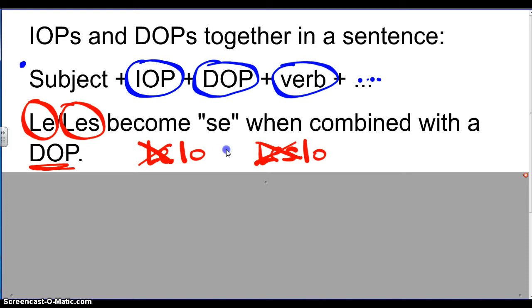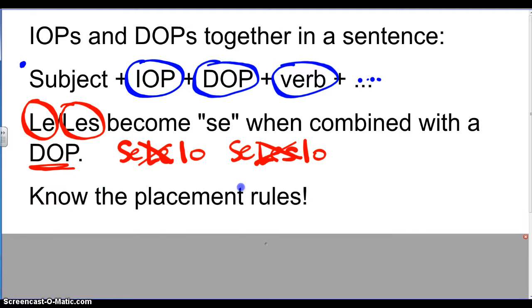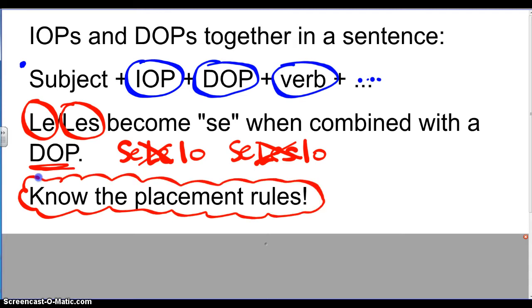What happens is the le or les will become a se when I combine those two together. That is the new rule that you're learning in these notes. And then I'm going to go over these with you in a second, but you have to know the placement rules. You have to know when you're allowed to attach, when it has to go in front, and where to put the direct and indirect object pronouns.